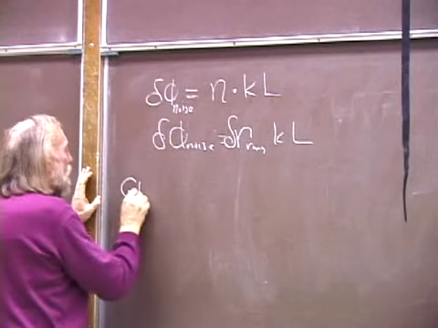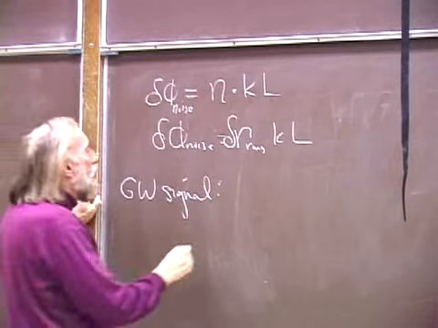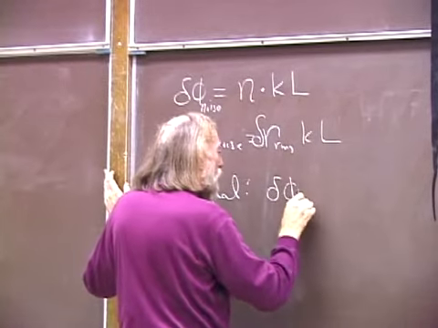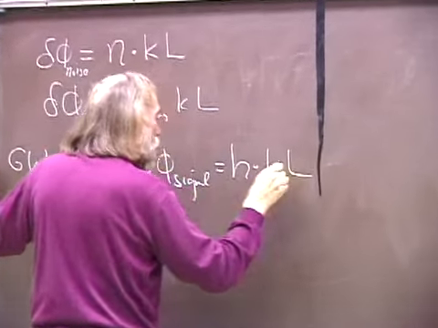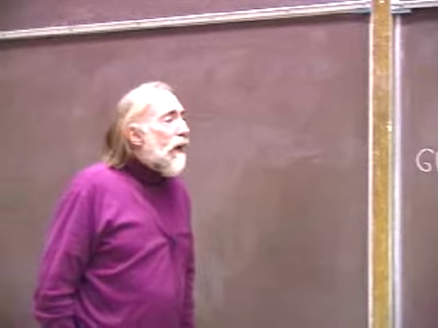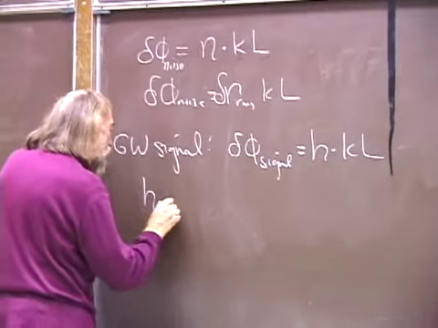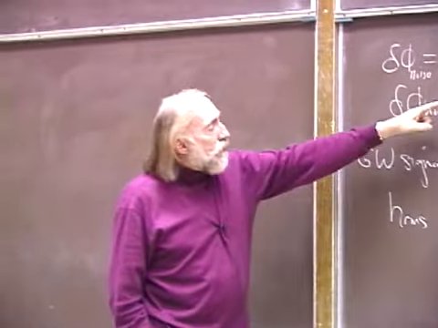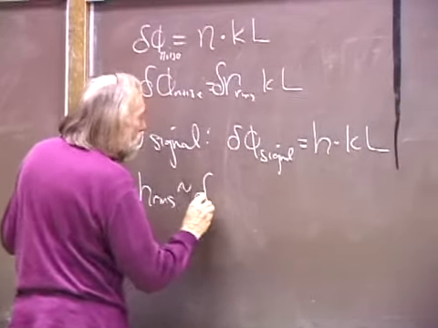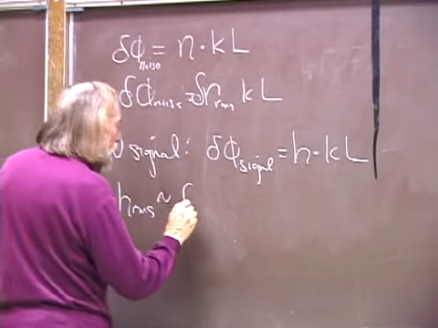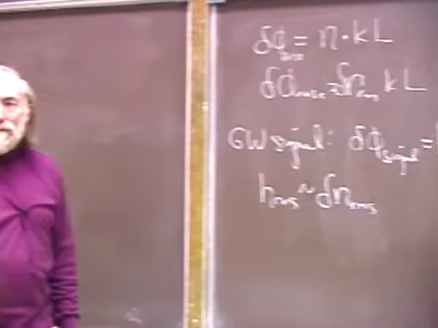The gravity wave signal that you accumulate in each trip down the beam is a phase shift that is just h times kL, roughly within a factor of 2. And so that means that the RMS noise that is produced by these fluctuations of index of refraction is just, within a factor of order unity, the RMS fluctuations of n.